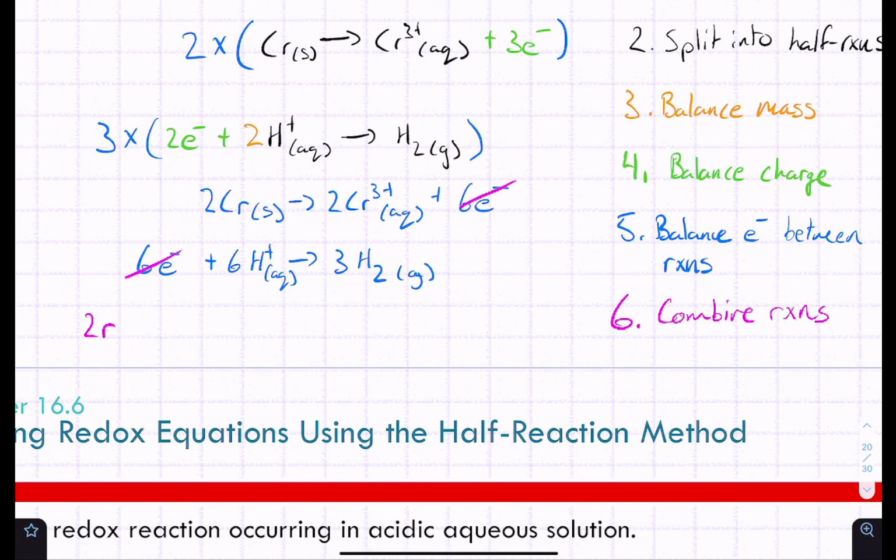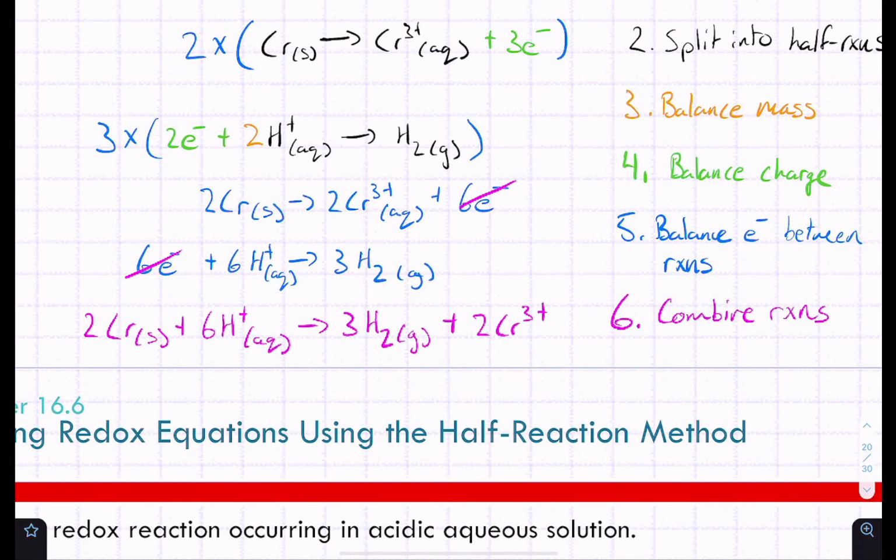These electrons will cancel out. This will be 2 Cr solid plus 6 H+ aqueous goes to 3 H2 gas plus 2 Cr3+ aqueous.